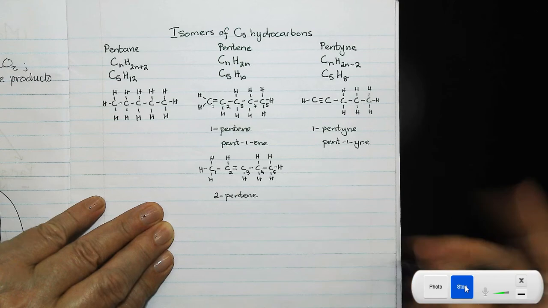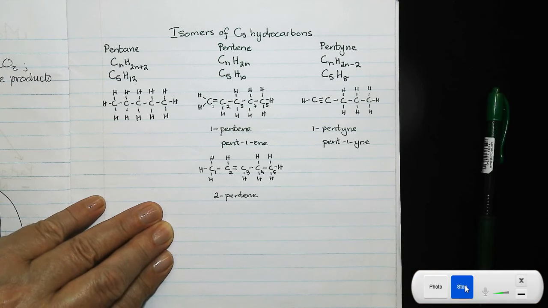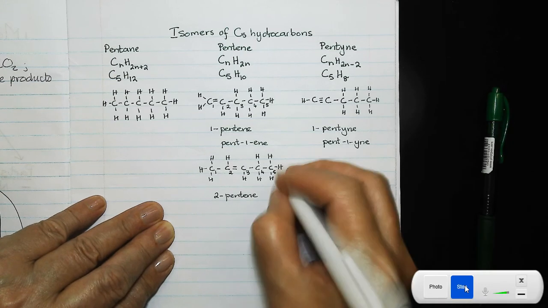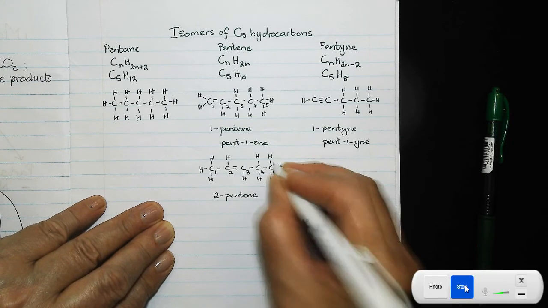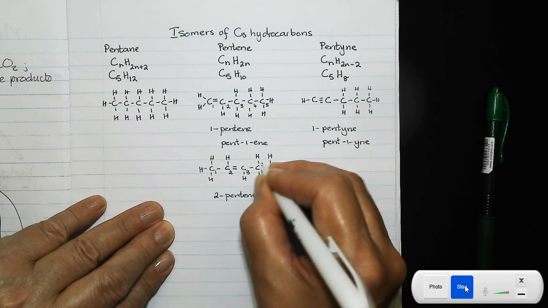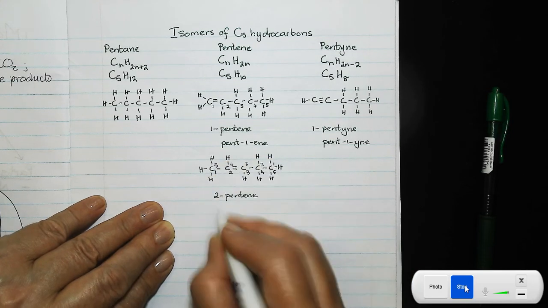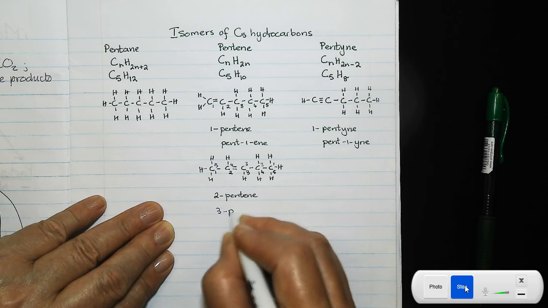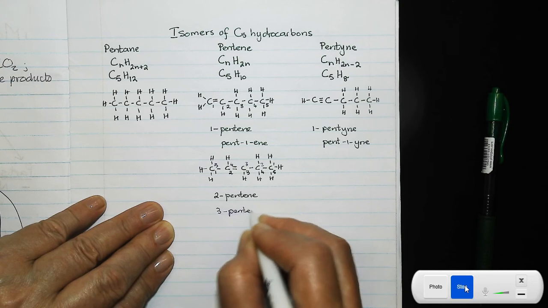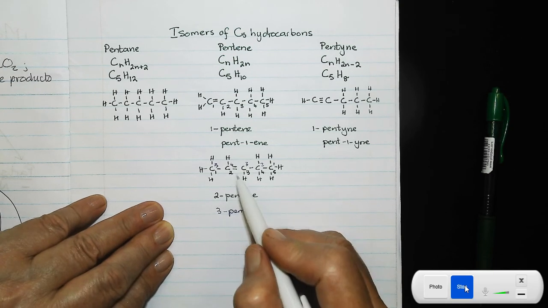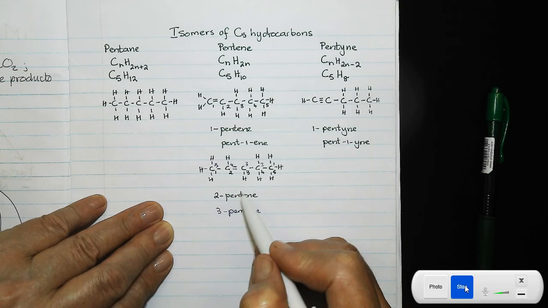Now you can't start numbering these atoms from the right hand side and say 1, 2, 3, 4, 5 and say this is 3-pentene, because the double bond must be on the lowest possible numbered carbon.